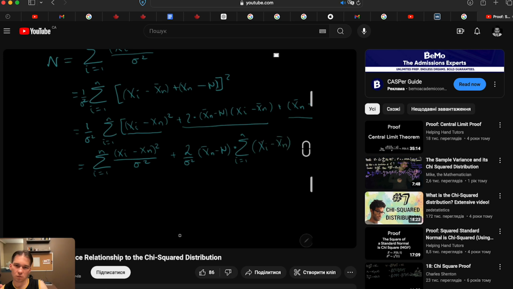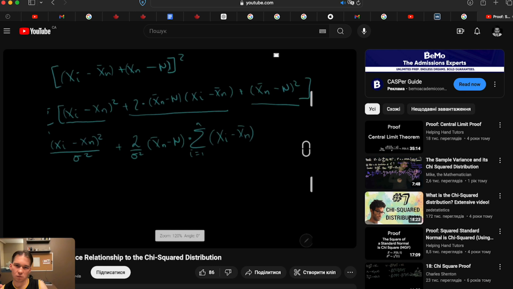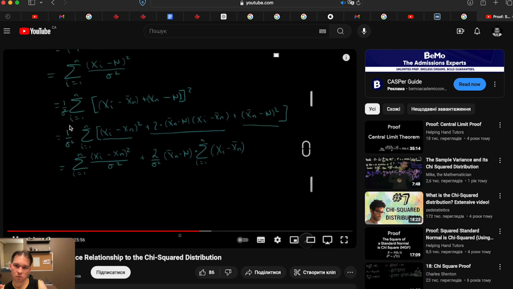So that's what that sum is. That's the second term. And then the final term is going to be plus the sum from i equals 1 to n of (Xn bar minus mu) squared over sigma squared.